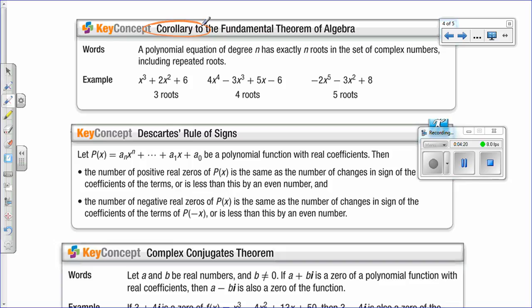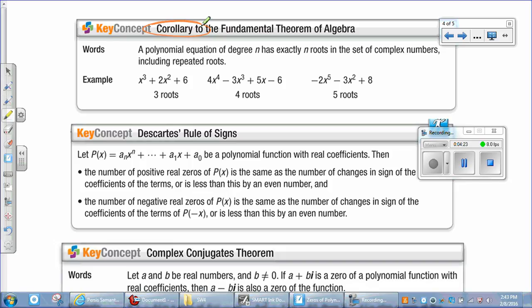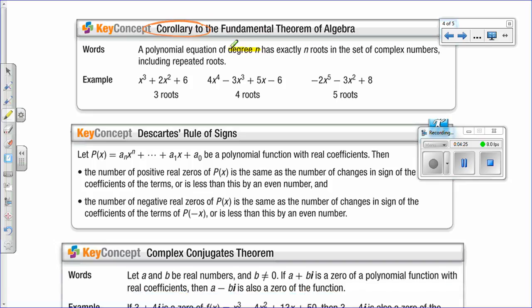So the corollary says that any polynomial equation of degree n has exactly n roots in the set of complex numbers, including repeated roots. So what this means is that if you have degree 3, you will have 3 roots. If you have a degree 4, you will have 4 roots. Degree 5, you will have 5 roots. And what is the difference between this and the previous one? Here we're already talking about repetition, when the roots repeat. We're going to get to see those examples later on.